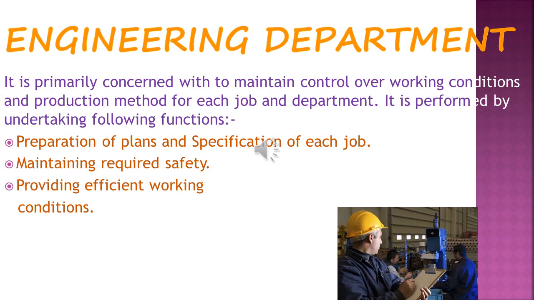Another thing is, of course, they have to ensure the safety and proper working conditions in the organization, because in case these are not there, it can lead to accidents, and that could form one reason for absenteeism and labor turnover.